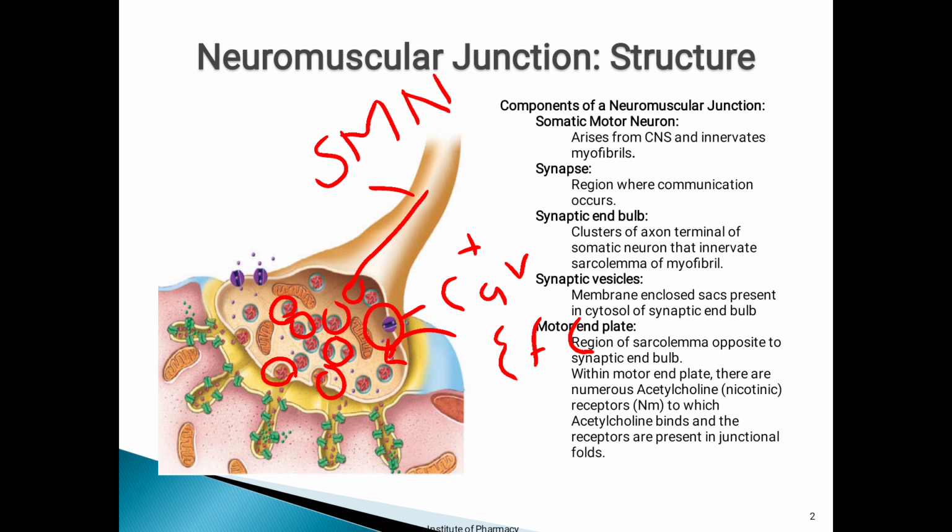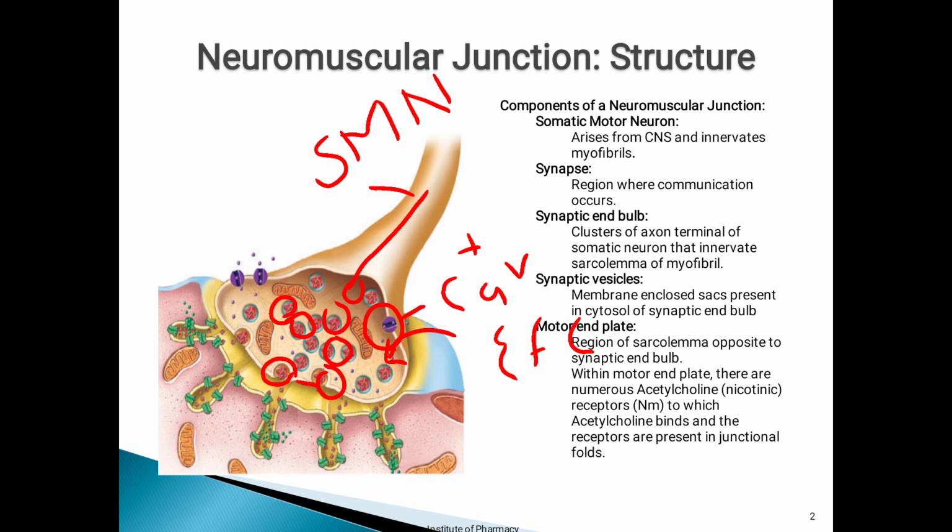Exocytosis is a process where things are taken out of the cell. For things to be taken out of the cell, the vesicle has to bind to a membrane.